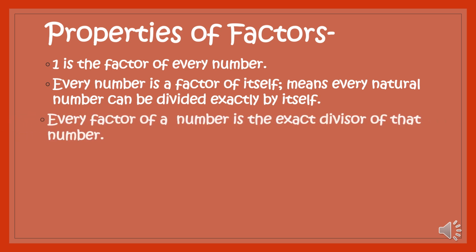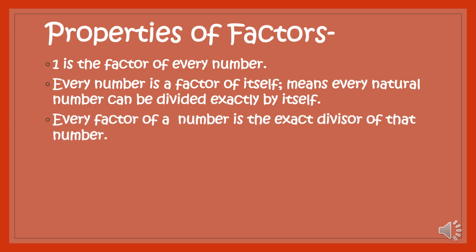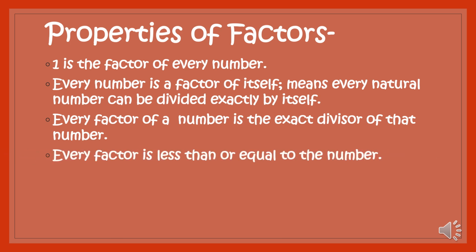The third property says every factor of a number is an exact divisor of that number. So if you are saying that a particular number is a factor of a number, it means it can divide that particular number exactly. Every factor of a number is less than or equal to the number. So you cannot find any factor which is greater than the number.